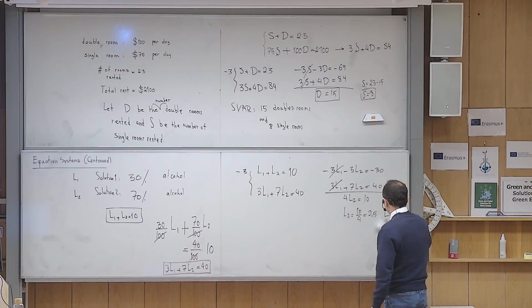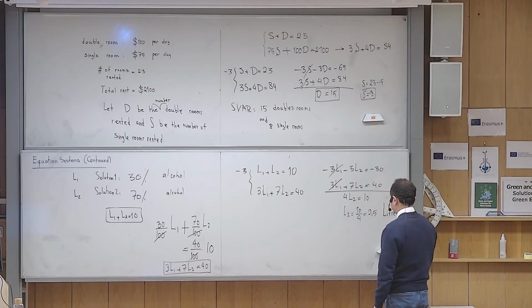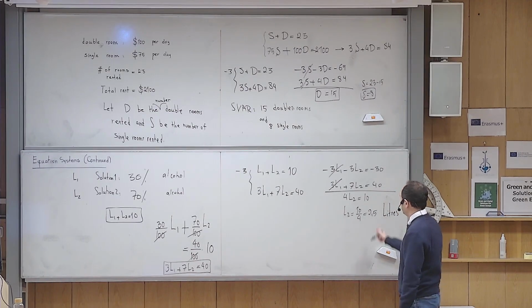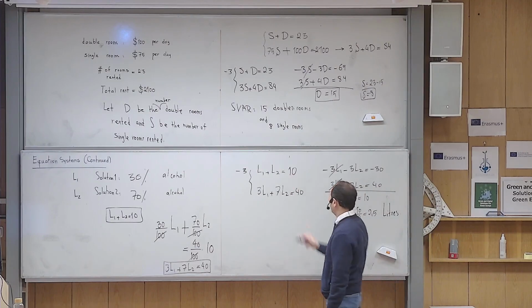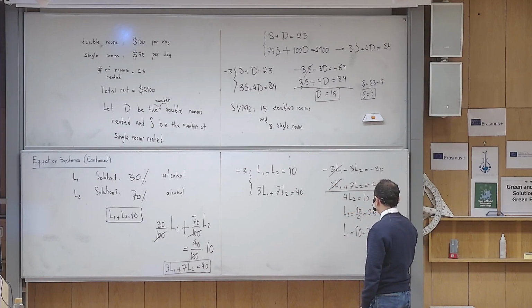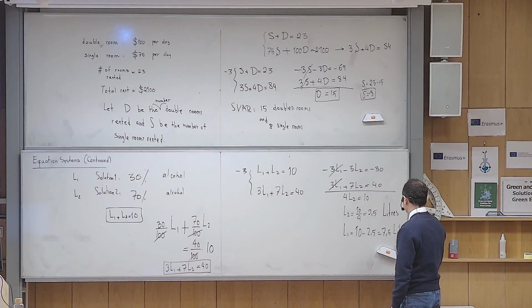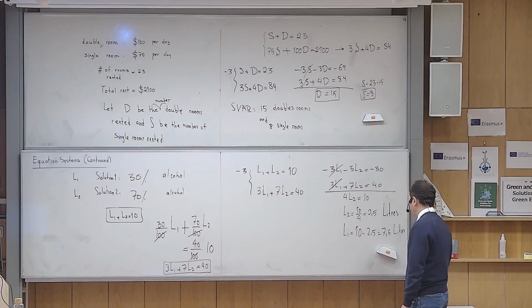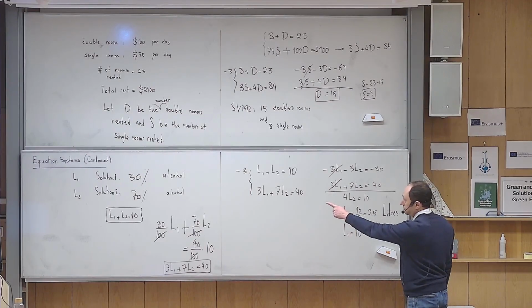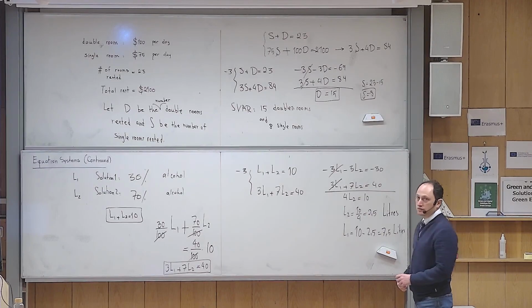So let me write liters, yes. And if L2 is this one, I put it there. So L1 becomes 10 minus 2.5, which is 7.5 liters. So I have to take 2.5 liters of the second solution and 7.5 liters from the first solution.